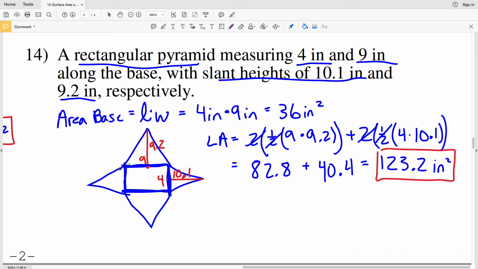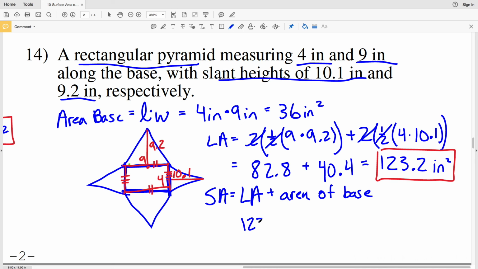So because the side lengths of the base were not all congruent, we had to split it up and do two separate groupings. So we did two triangles that had the same area and added them to the other two triangles that had the same area to get 123.2 inches squared. And now remember surface area, we'll take that lateral area and add it to the area of the base.